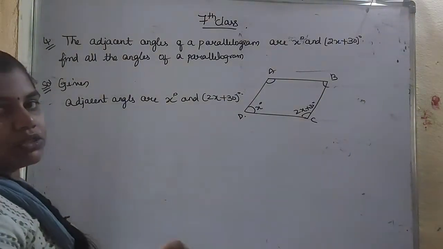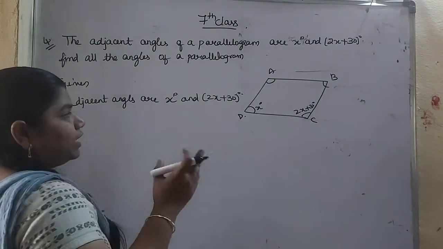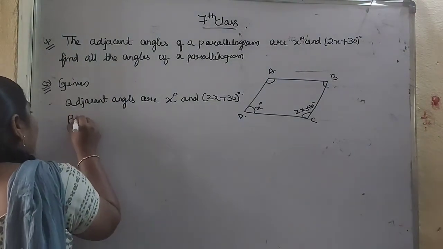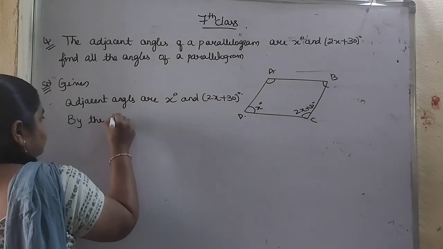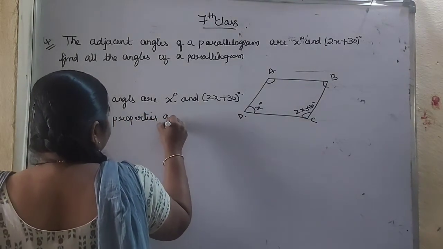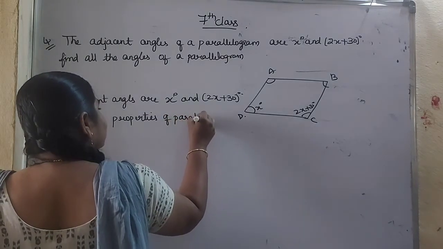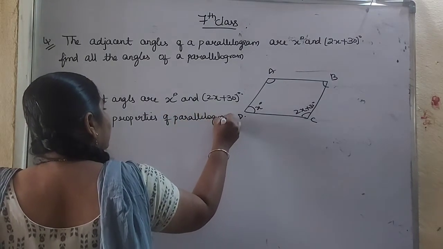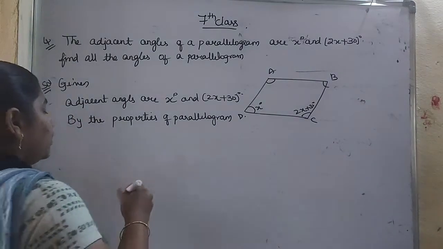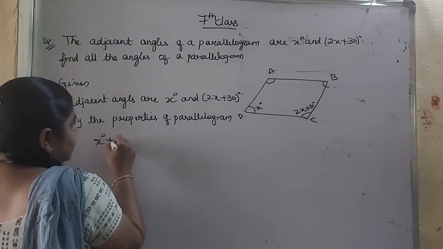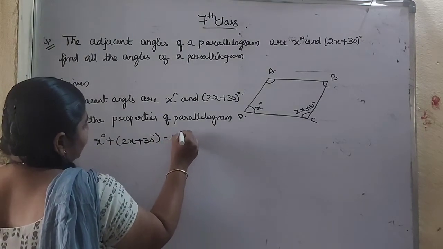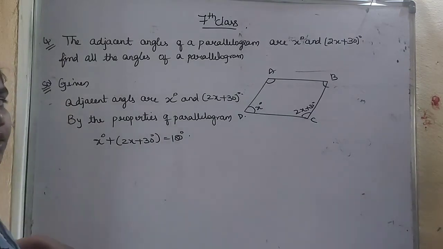And by the properties of parallelogram, we can write that the sum of two adjacent angles will be equal to 180. So x degrees plus 2x plus 30 degrees will be equal to how much? It will be equal to 180 degrees.